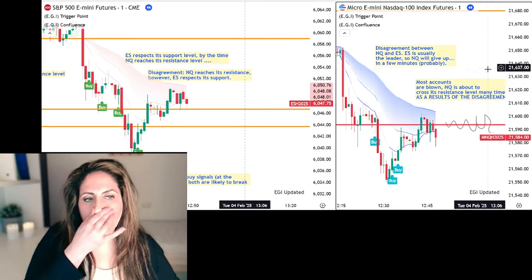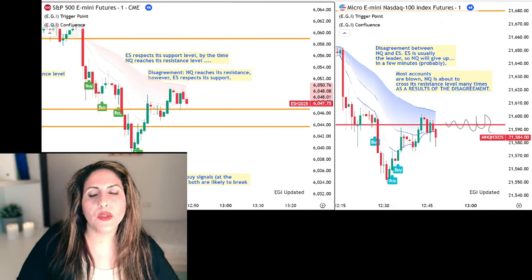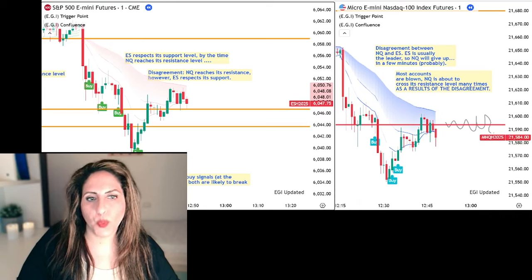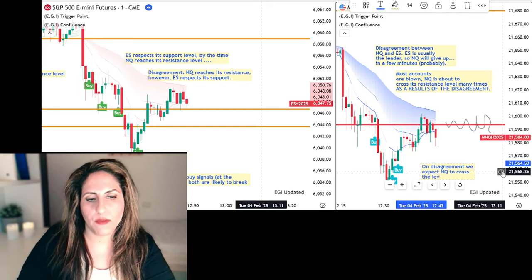Okay, so remember, when there's a disagreement, we do not take any trades. ES is the leader, so probably NQ will follow ES, okay? On disagreement, we expect NQ to cross the level too many times.